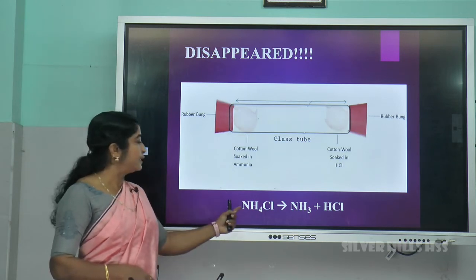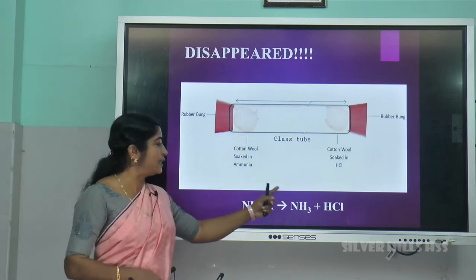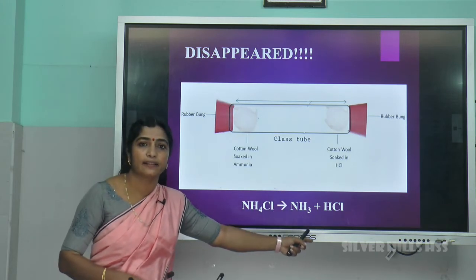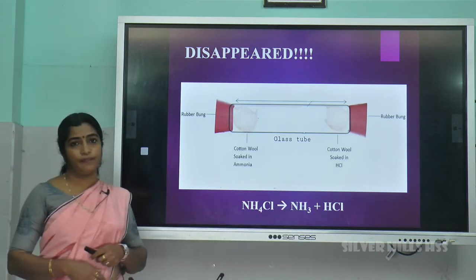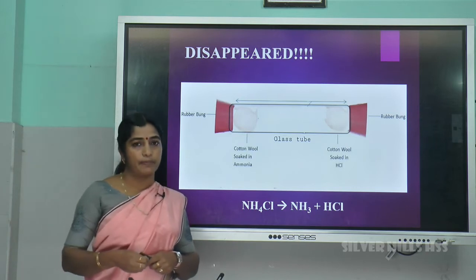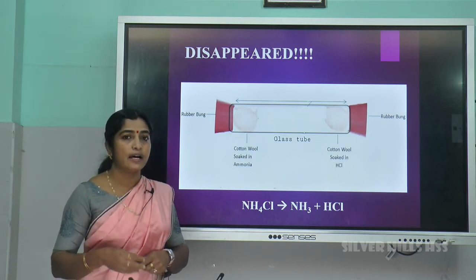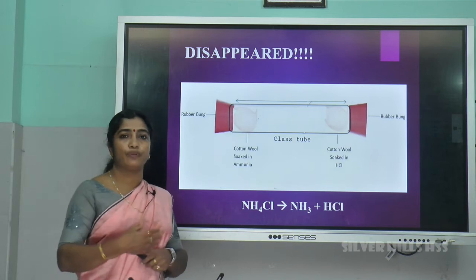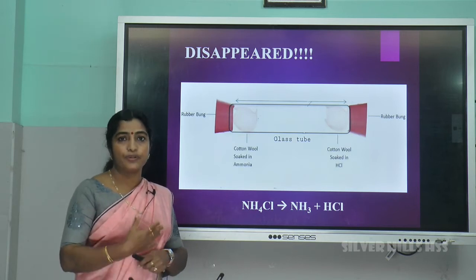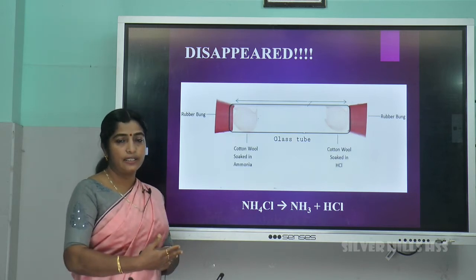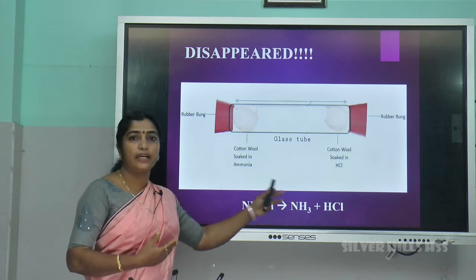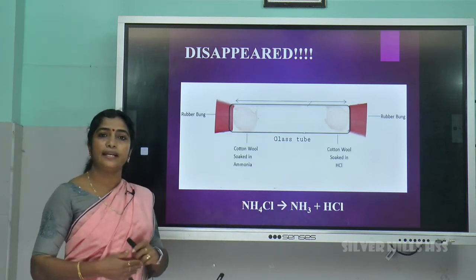Now, here ammonium chloride is the reactant, and ammonia and HCl are the products. Thus, in this experiment, at first ammonia combines with HCl to form ammonium chloride by the forward reaction, and ammonium chloride decomposes back to ammonia and HCl.